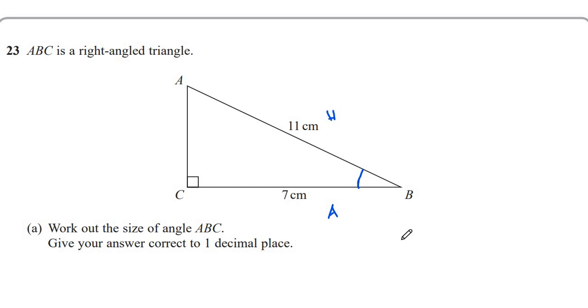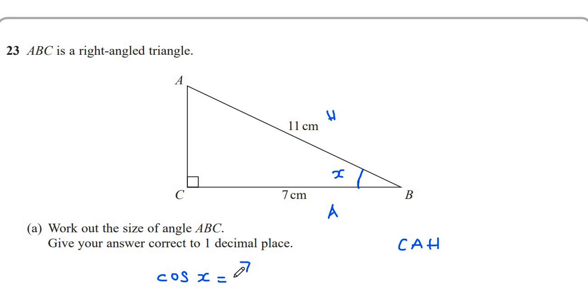Now adjacent and hypotenuse corresponds to cos. So we need to use cos of the angle. So let's call this angle X. And so cos X is adjacent over hypotenuse.